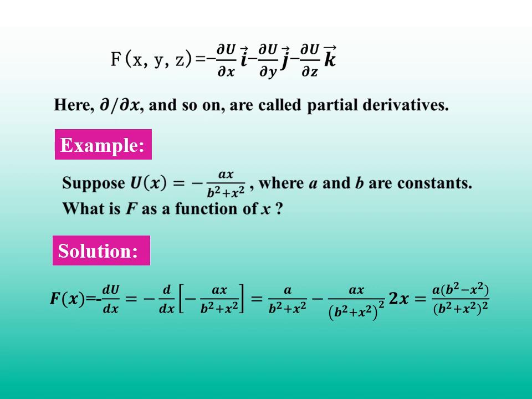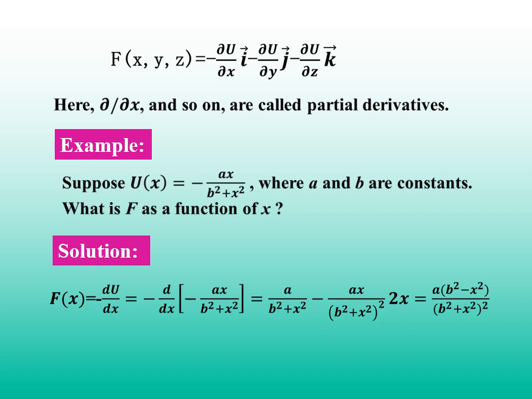So F(x) equals minus the derivative of the potential energy U with respect to x, equals minus the derivative of minus a x over b squared plus x squared with respect to x.